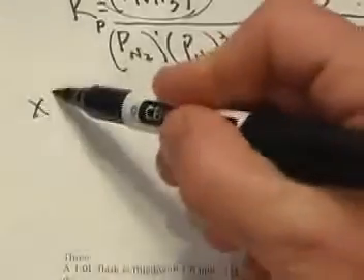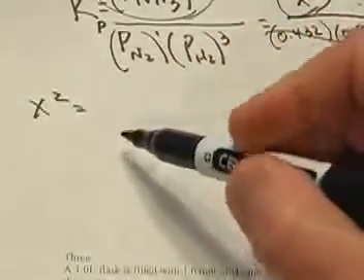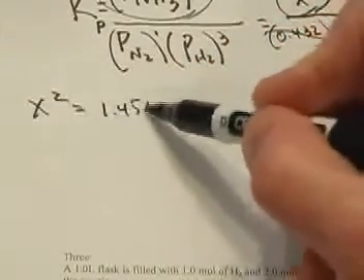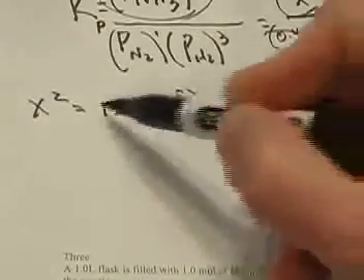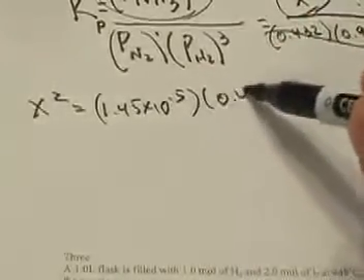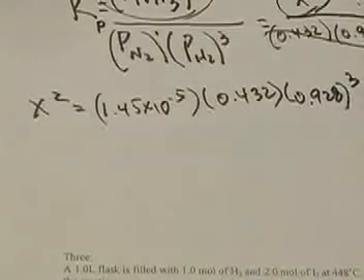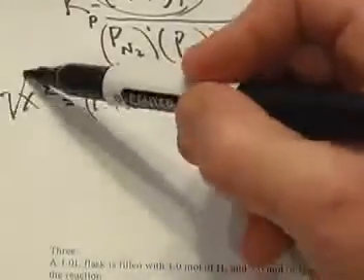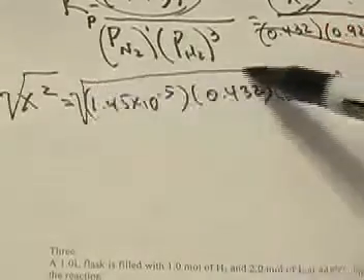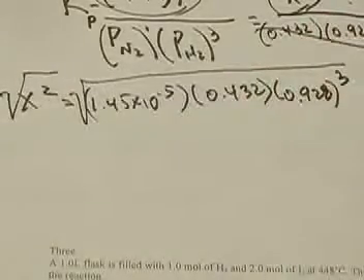And we end up with x squared equaling 1.45 times 10 to the negative fifth times 0.432 times 0.928 to the third power. And of course we want to find just regular x, so we're going to end up square rooting both sides to get x by itself.